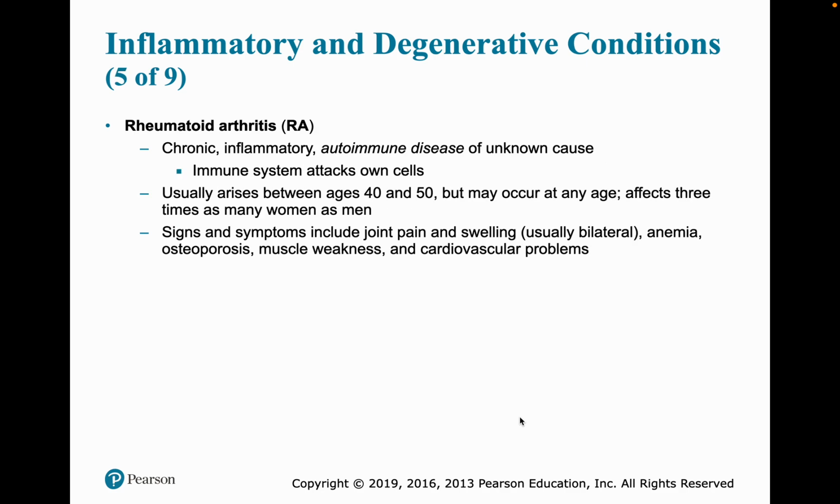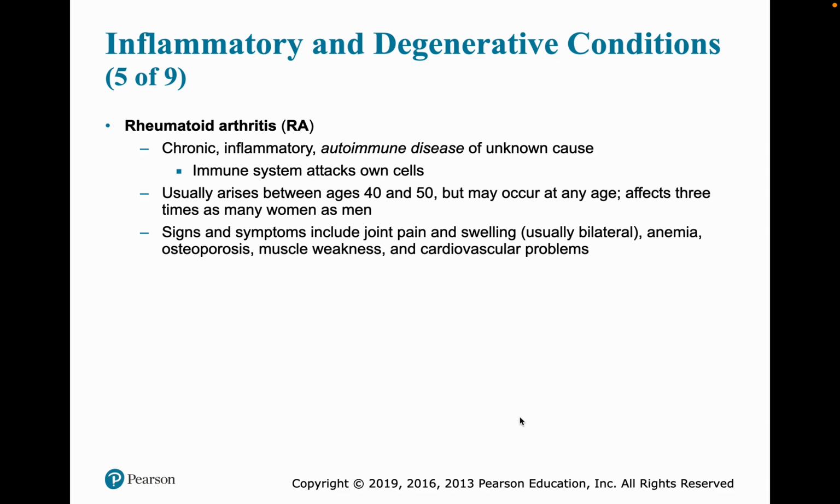Rheumatoid arthritis is a chronic inflammatory autoimmune disease, so our immune system is attacking our own cells. It typically arises in the fourth and fifth decade, but can occur at any age, in three times as many women as men.